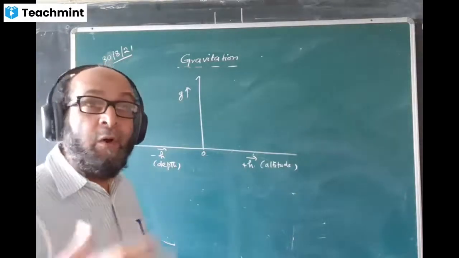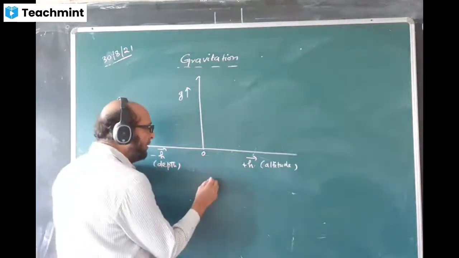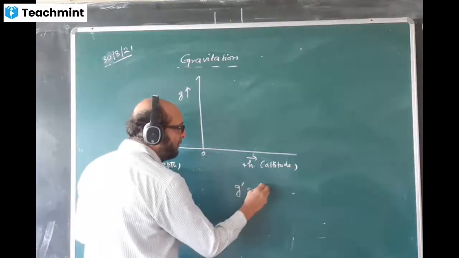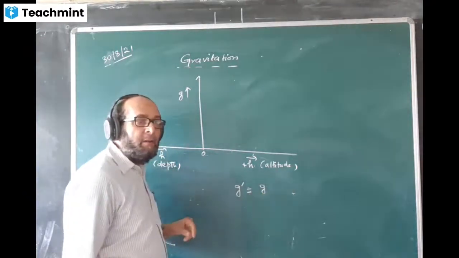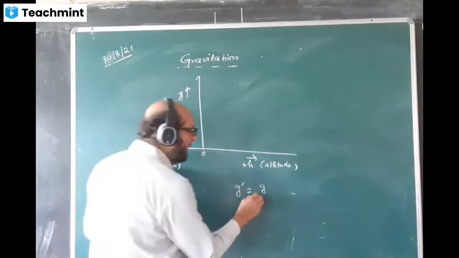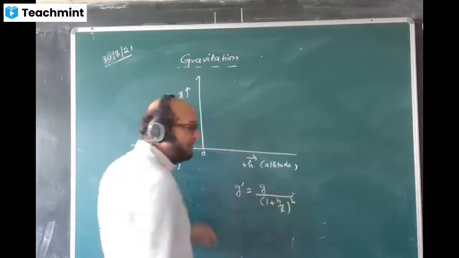No. With altitude, I give you the formula. g dash is equal to g into bracket 1 plus h by R whole to the power minus 2, or g dash is g by 1 plus h by R whole square, like this.